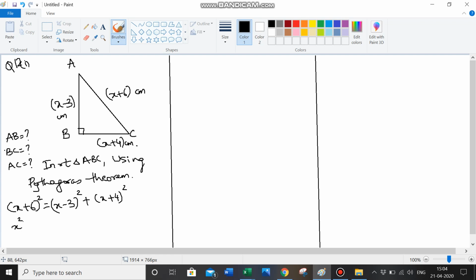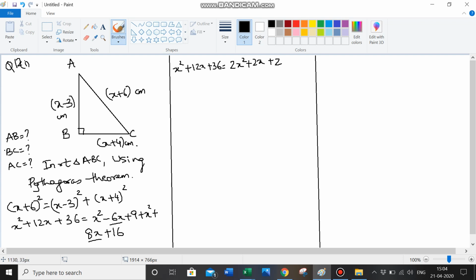So this is x square plus 12x plus 36 is equal to x square minus 6x plus 9 plus x square plus 8x plus 16. x square plus 12x plus 36 is equal to 2x square, negative 6x plus 8x, that's plus 2x, plus 16 plus 9, that's 25. Let's take everything on the other side.